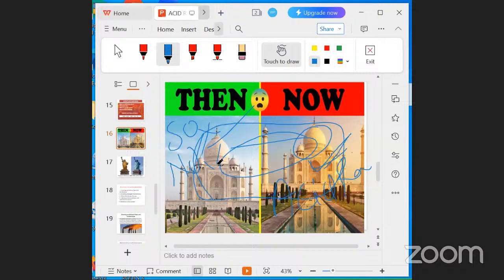But people continue to use low quality coal and firewood as a domestic fuel, adding to this problem, right? So that's why this white color Taj Mahal is turning yellow because of this sulfur dioxide, sulfur oxide and nitrogen oxides, right?